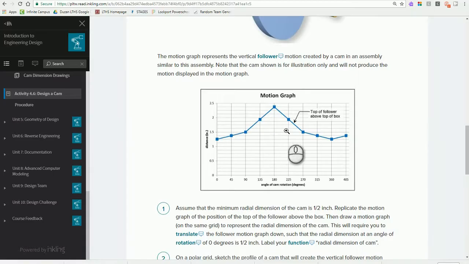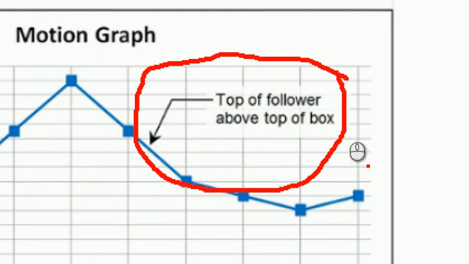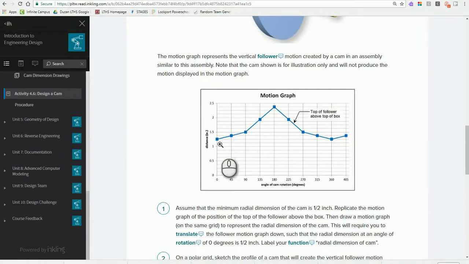And this is what I really wanted to reiterate: this is the top of the follower rod above the actual top of the box. So please keep that in mind. But here's what you have to know: in a 360-degree rotation of that cam, this is the motion that we're going to be seeing of that follower rod on top of the box. Okay, so that has been clarified.